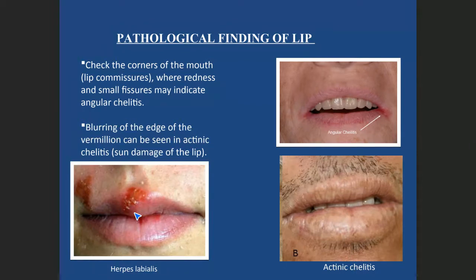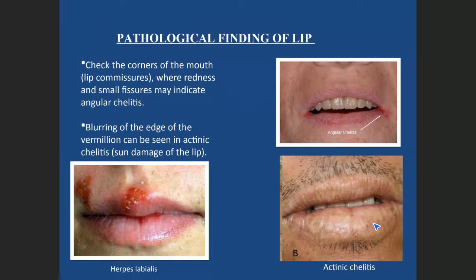Those blisters will rupture and form ulcers, which will lead to these crusts, and then they will heal after crustation. Sometimes you will see these lesions at the corner of the mouth, and at that time it is very difficult to differentiate from angular cheilitis. So make sure you take a proper history of fever, sore throat, and ask for vesicle or ulcer history, so you can easily differentiate it.